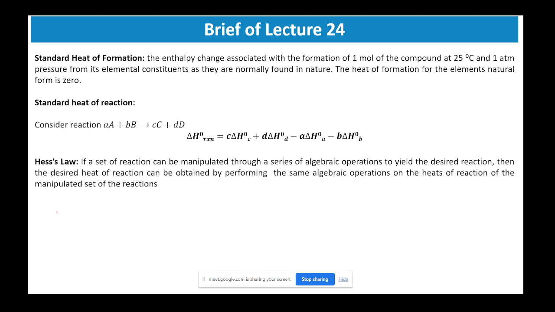For any reaction to occur, you might have to supply the energy or you might have to extract the energy. For example, you must have observed that if you dissolve NaOH in water, then there will be a certain amount of energy released. And how do you observe this? By increase in temperature.